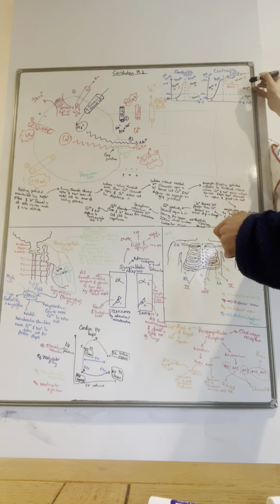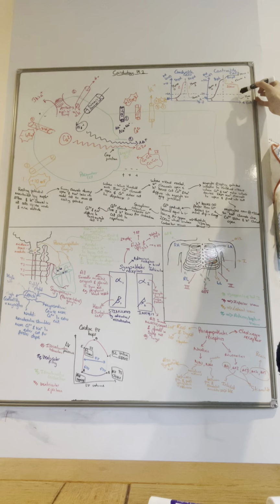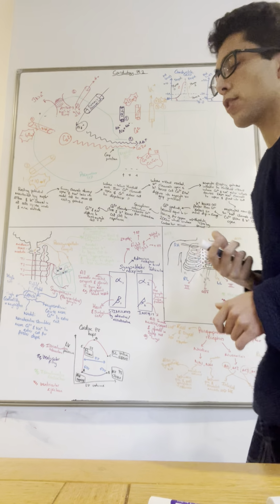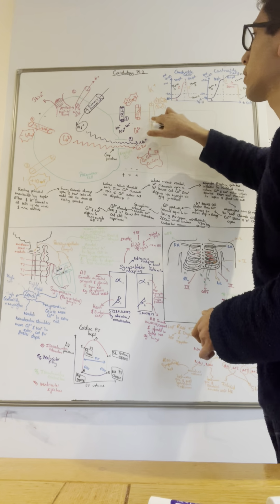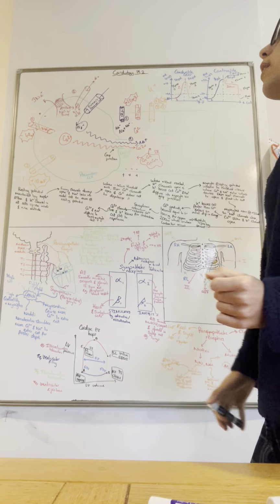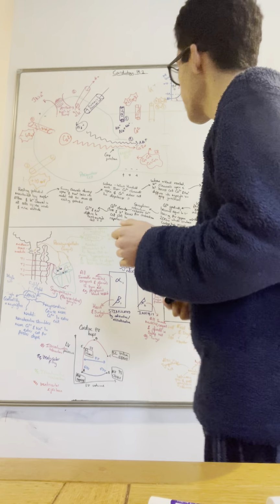So if we look back on this graph, it's going to plummet back to our resting potential of minus 90 millivolts. Once it reaches our resting potential again, this is going to turn off and it's going to continue with our resting potential pumps, if you know what I mean.